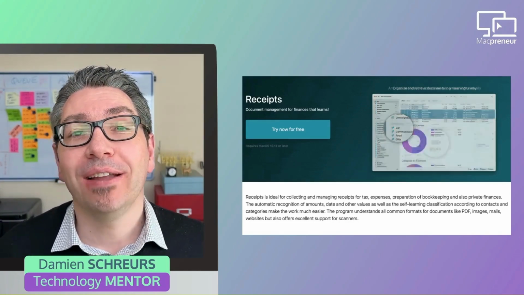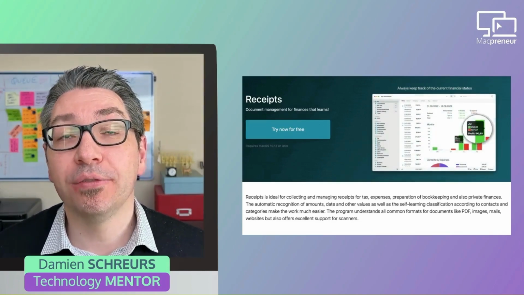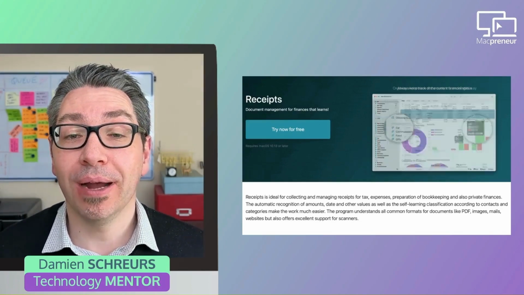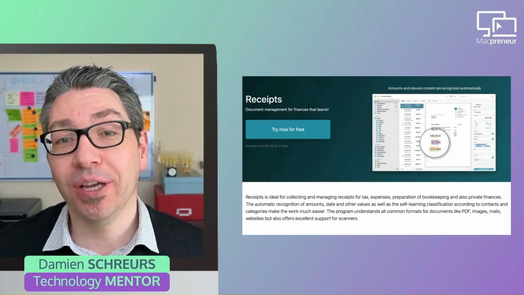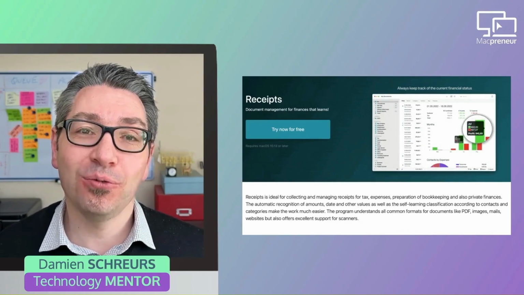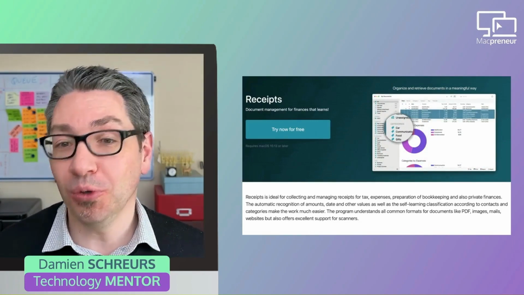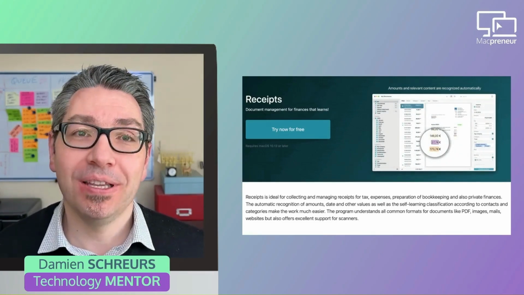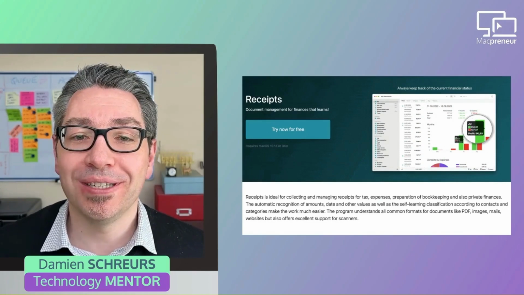And on top of that, it provides a direct integration with the native print to PDF of macOS and also with Apple Mail. So you can create in Apple Mail a rule so that whenever you receive a PDF invoice that is attached to your email, that this PDF invoice gets automatically imported into the Receipts app.